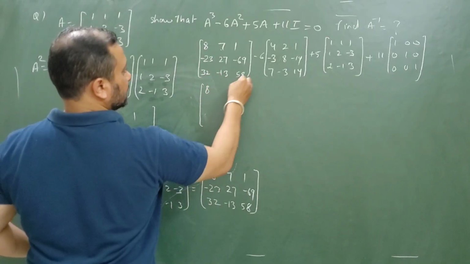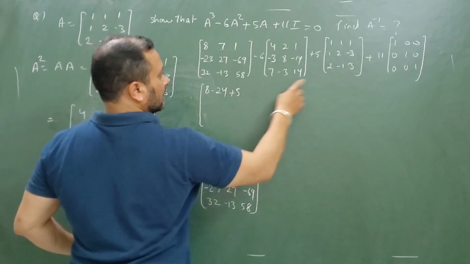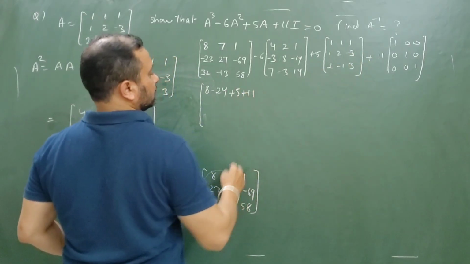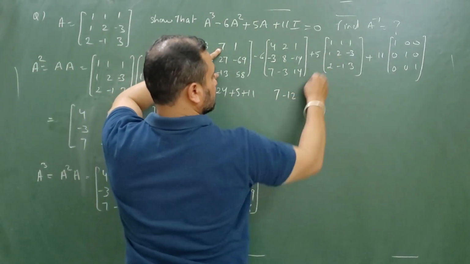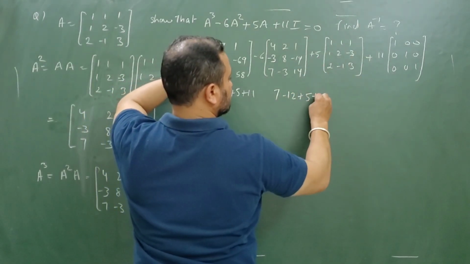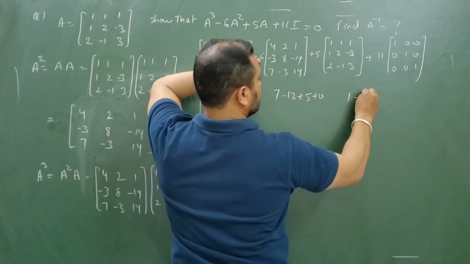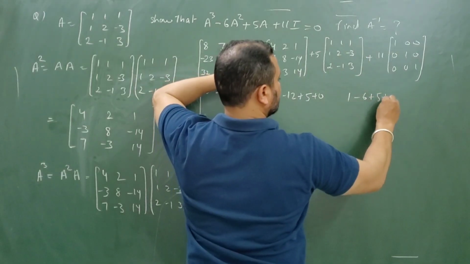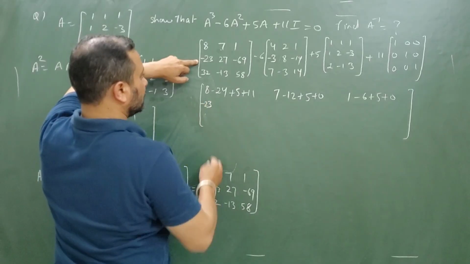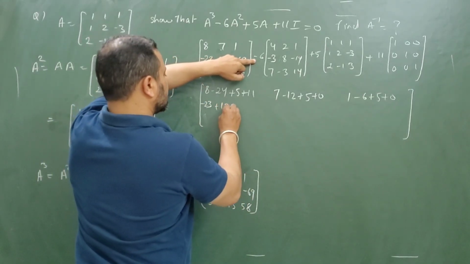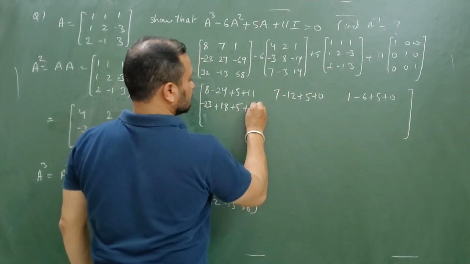The first is 8, second is minus of 24, the third one is 5 ones are 5 and the fourth 11 ones are 11. The next element is 7, this is minus of 12, this is 5 ones are 5, the last one is 0. Next 7, next 1, this is minus of 6, 5 ones are 5 plus 0. The next one is minus of 23, minus minus plus 18, 5 ones are 5 and 11 zeros are, the fourth one is 0.